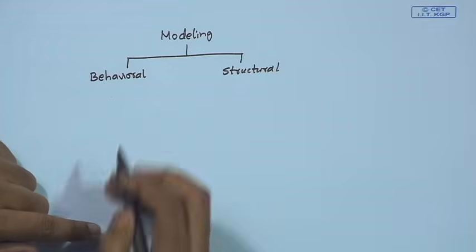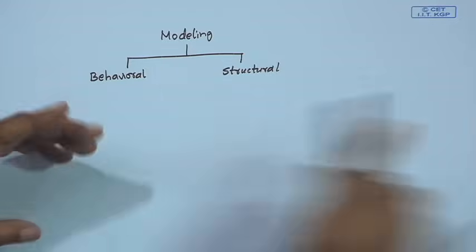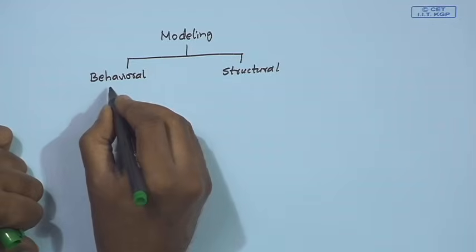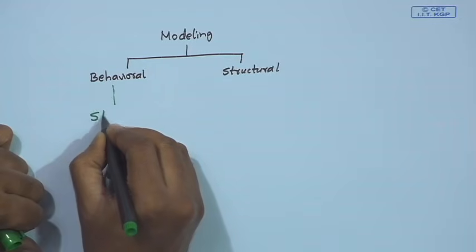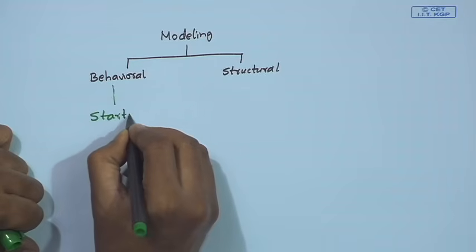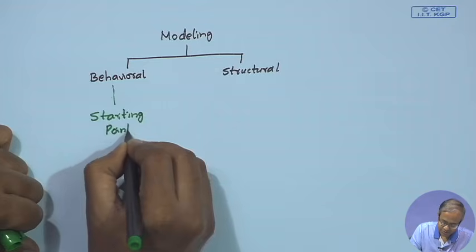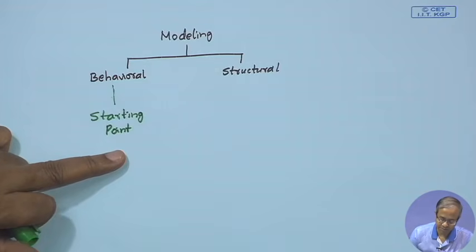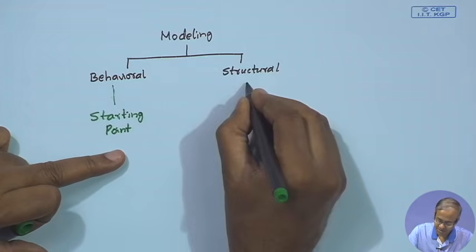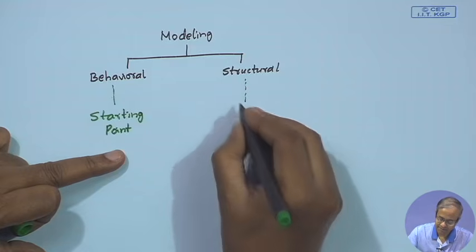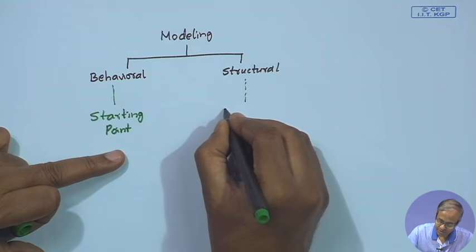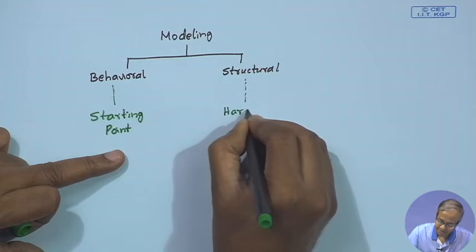So, just in this diagram, as I said, behavioral description is often the starting point, because it is easier to write a Verilog module in the behavioral model. But structural description is more with respect to hardware implementation.